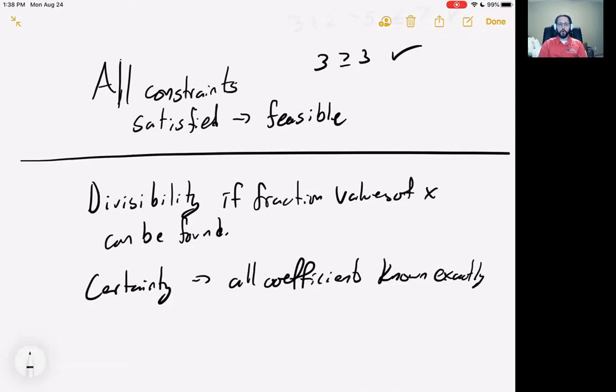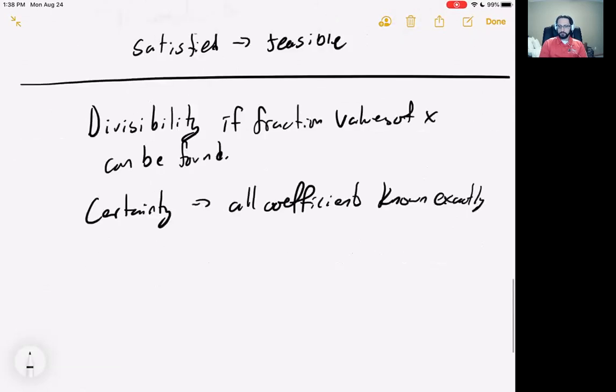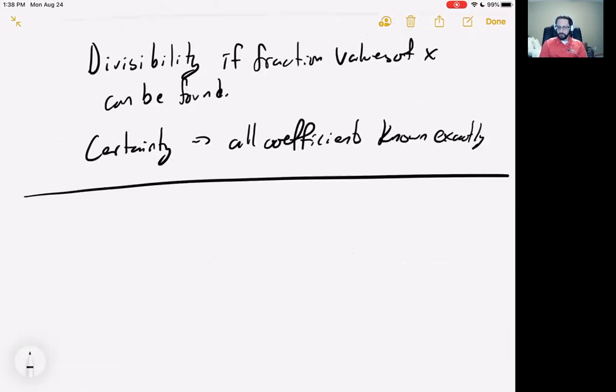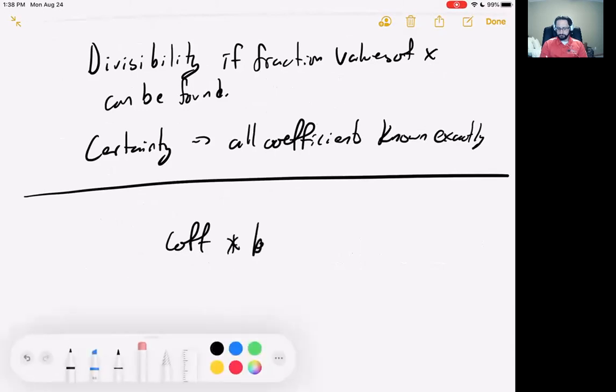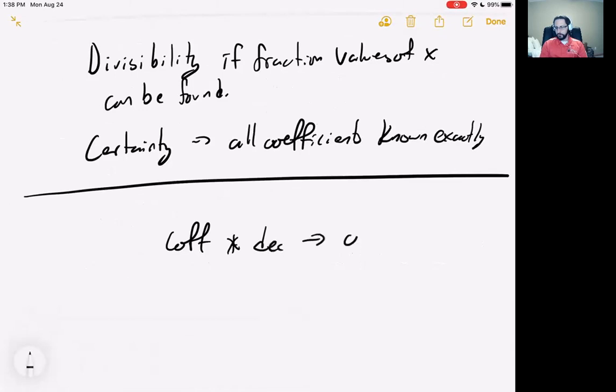So as you work on Chapter 3 material, a thing you should try to do is make sure that the units of every coefficient that enters into the LP is clear and consistent with the decision variables and the objective function. It's going to be coefficients units times decision variables units, yielding objective coefficients.